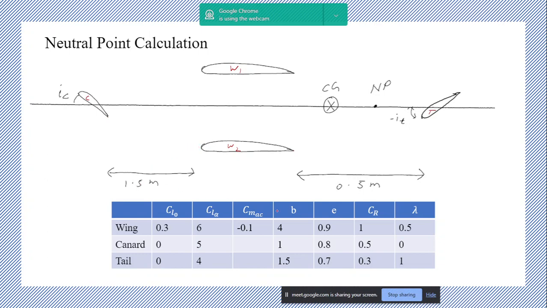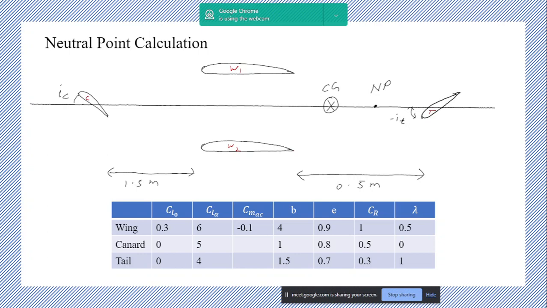Okay, so these two. Yes, but the question has given you these dimensions. Okay, we will be measuring all of our aerodynamic centers, neutral points, CG location, everything from the leading edge of the wing, but the question has given you these dimensions. This is what is available to you in the question. Okay?